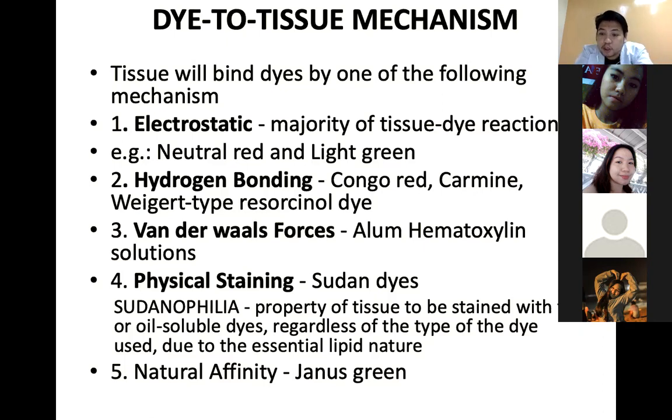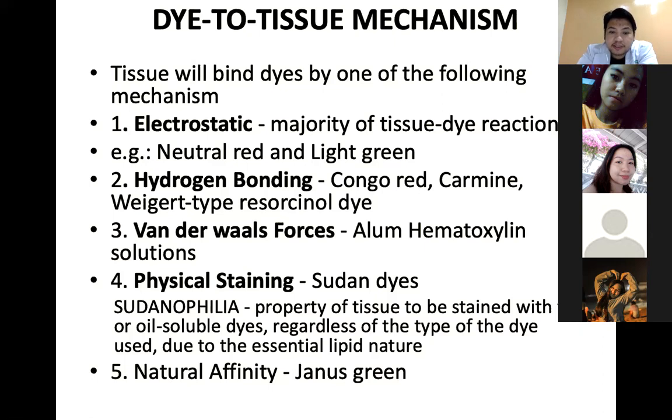These forces are polar attractions effective over a short distance. Non-symmetrical molecules possess stronger dipoles than symmetrical molecules. An example is the staining of elastic fibers by orcein. Orcein is a large molecular weight dye, so it has stronger dipoles, and is used in alcoholic solution.